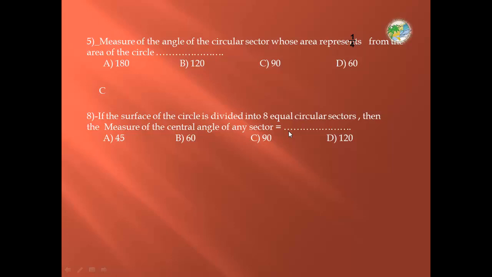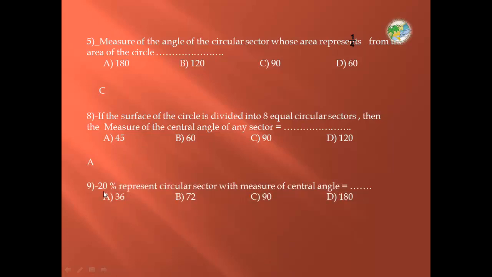The area of each circular sector is 1 over 8 of the circle, so 360 divided by 8 equals 45. Okay.